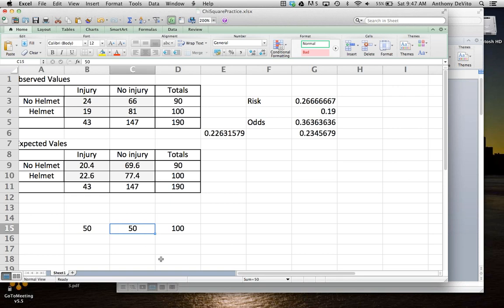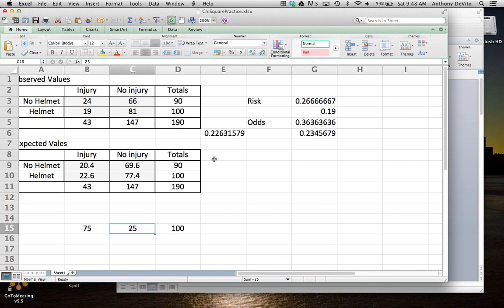In other words, the odds of having a head injury are just as good as the odds of not having a head injury. So if this were 75 and this were 25, what would your odds be of having a head injury? Well, 75 over 25 is 3. So your odds of having a head injury are 75 to 25, or 3 to 1, or 3.